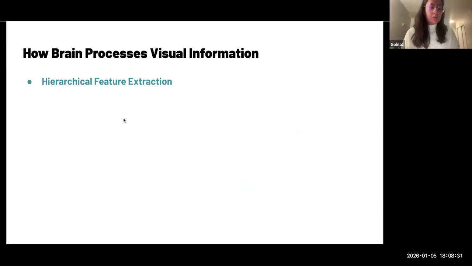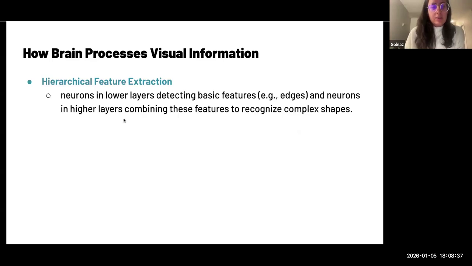So what they found out was a couple of things. The first one was hierarchical feature extraction. That means that neurons in lower layers detect basic features like edges or lines, and as you go deeper, in higher levels there are neurons that combine these features to recognize more complex patterns and shapes.